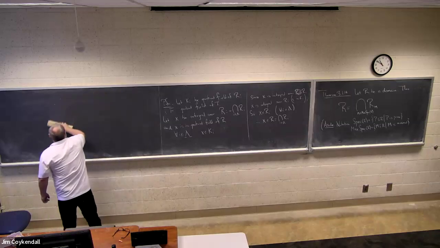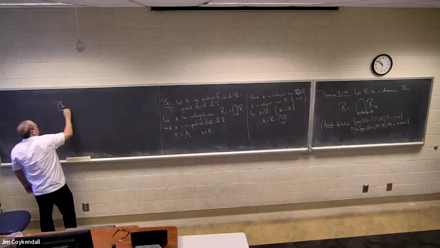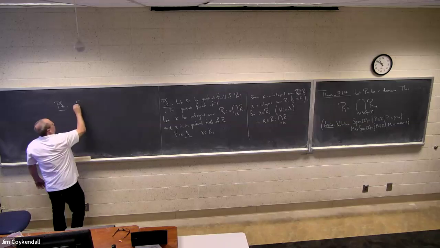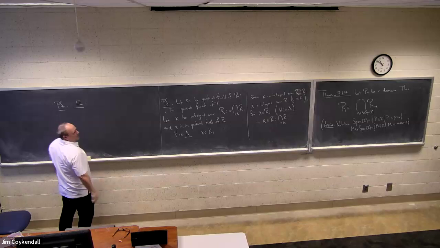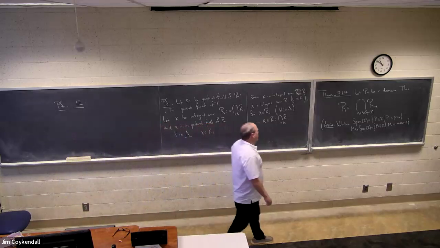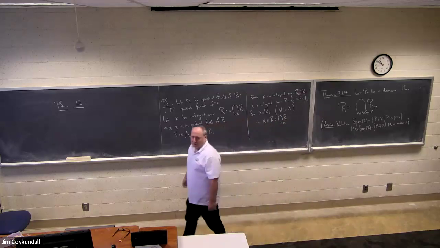One of the directions is easier. This is the easier direction. So why is it true that R is contained in R localized at M?